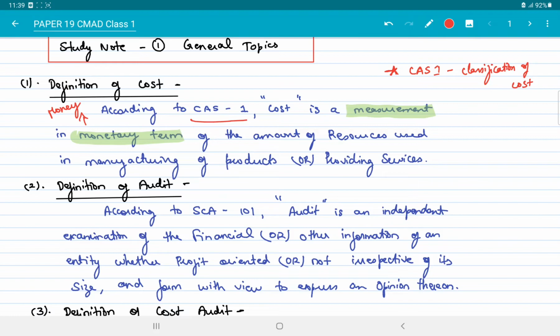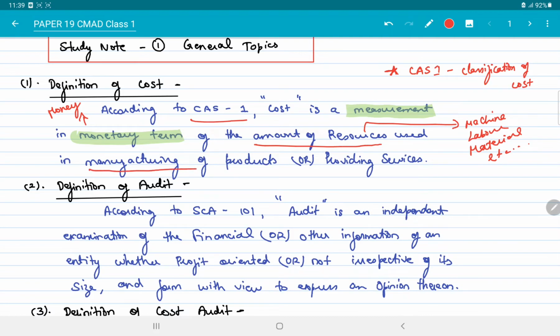So cost is a measurement in money of what? Of the amount of resources used. Resources: machine, labor, material, etc. All those used in what?